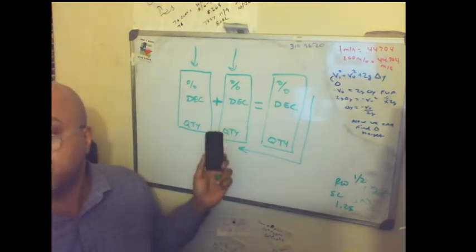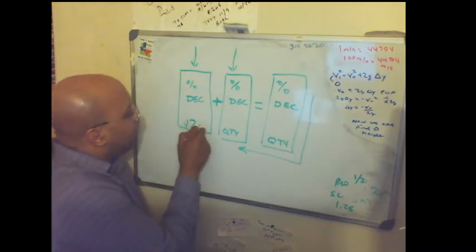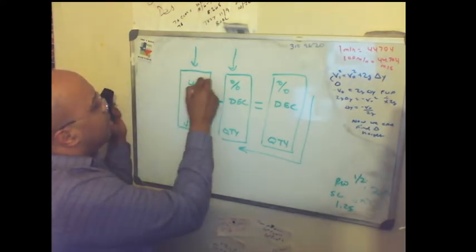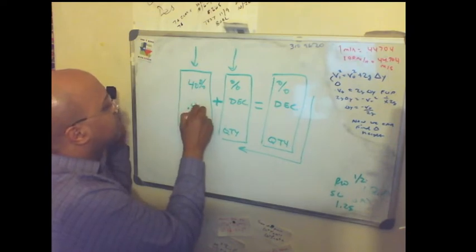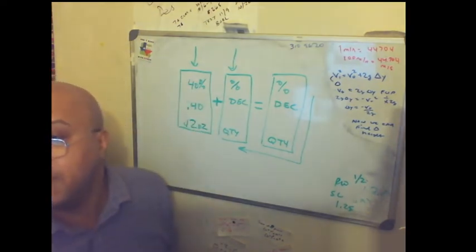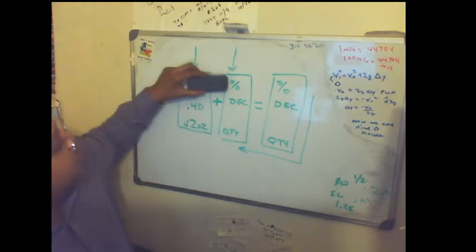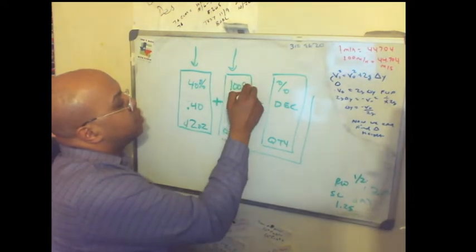The initial is 12 ounces at 40%, so that is the quantity, 12 ounces, 40%. And the decimal form of 40% is 0.40. Now, how much pure acid must be added to 12 ounces at 40%? This is the additive, the 100%.